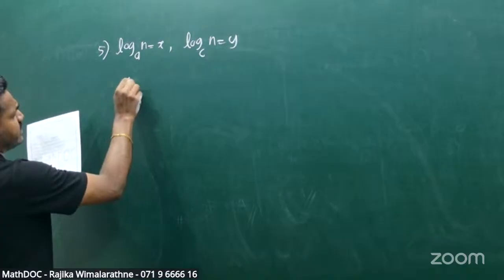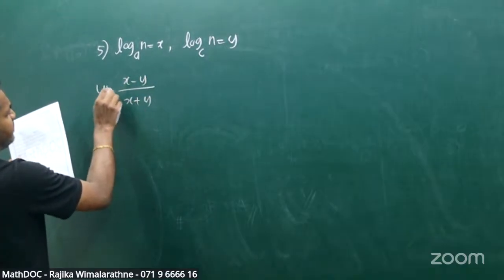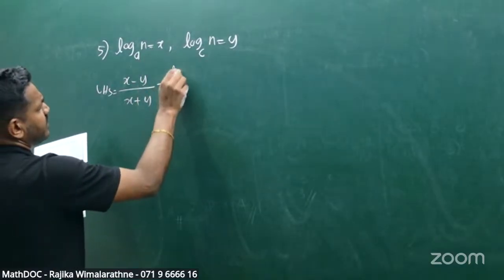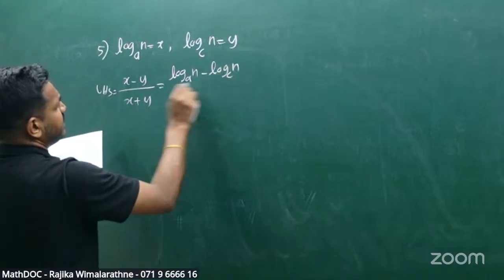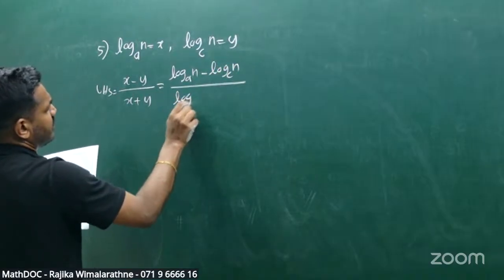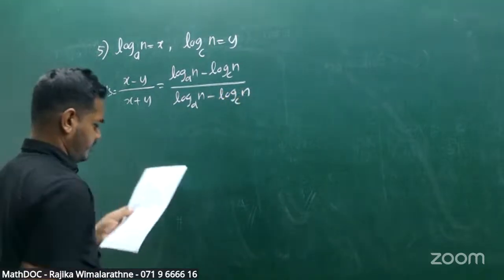Then here we have (x minus y) over (x plus y) on the left hand side. Then log a base n, log c base n.